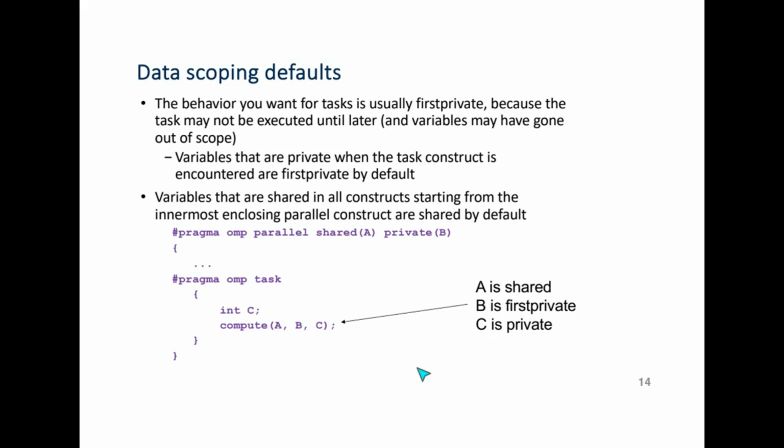It's much safer to use default(none). The default(none) clause is available on the task construct, which forces you to declare everything that's referenced inside the task as either shared, firstprivate or private. Reasoning about this is one of the difficult things about using tasks, so I cannot recommend using default(none) strongly enough.